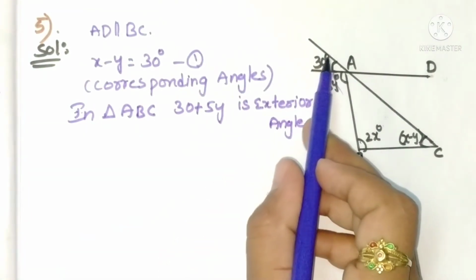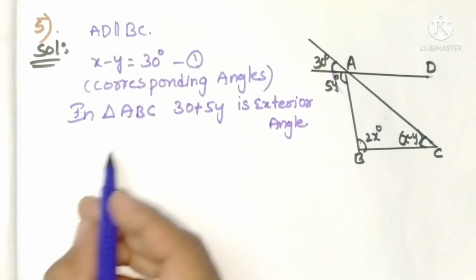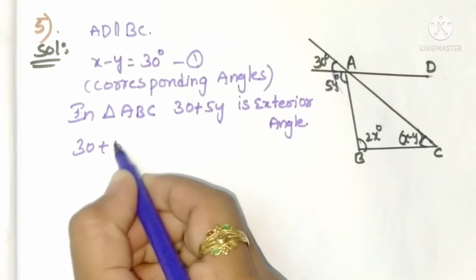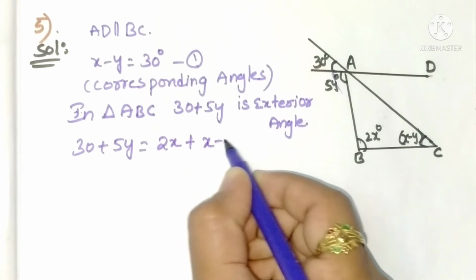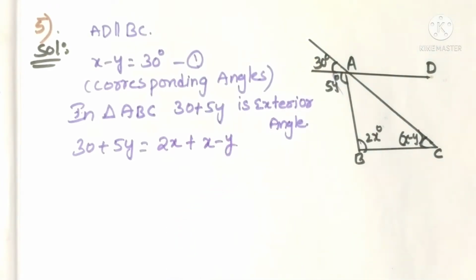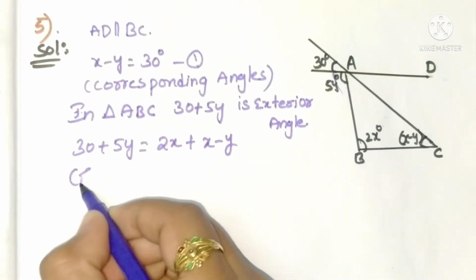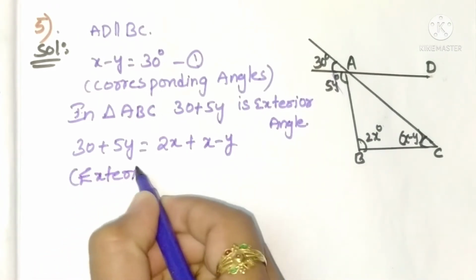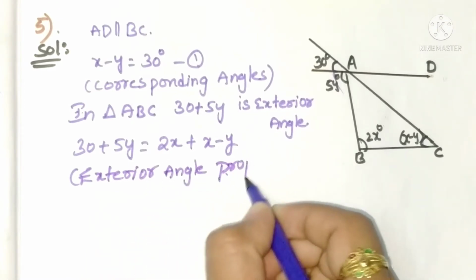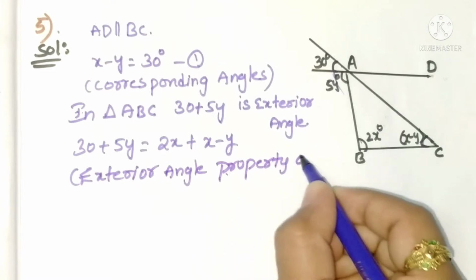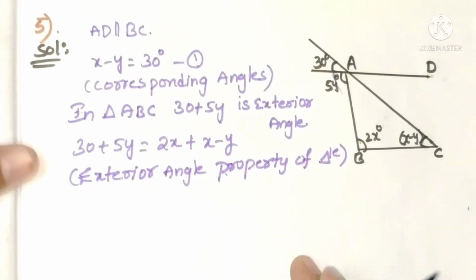The exterior angle is equal to the sum of its opposite two interior angles. So 30 plus 5y is equal to the opposite angles 2x plus x minus y. The reason here is the exterior angle property of a triangle, or you can simply write exterior angle.